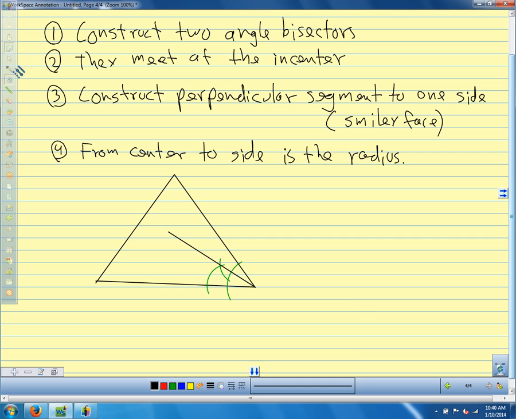And now we're going to bisect another angle of the triangle. So I'll do this one. You can do any of the other ones you want. I'll do this one in blue. Make an arc across the angle, any arc, doesn't matter. Now we move our compass to where the arc crosses the side. Make sure it's open more than halfway, looks good.